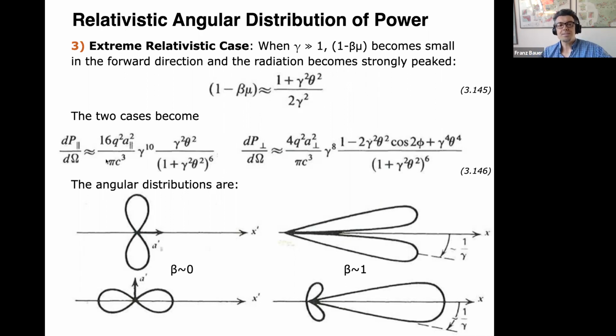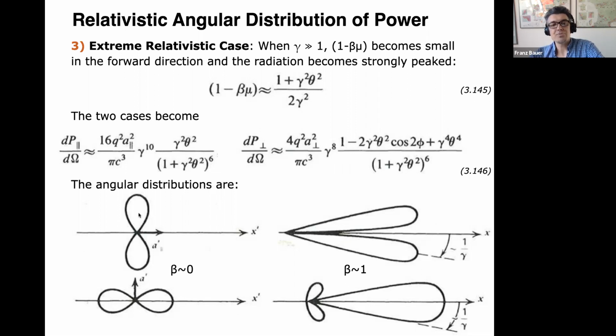And so the two cases, this one then becomes something which looks like this. So it goes as gamma to the 10, and then another gamma squared theta here divided by this thing. And then the perpendicular component in the other case goes as something like that. So again, gamma to the 8. And so what you have is that this thing will transform to look like that.